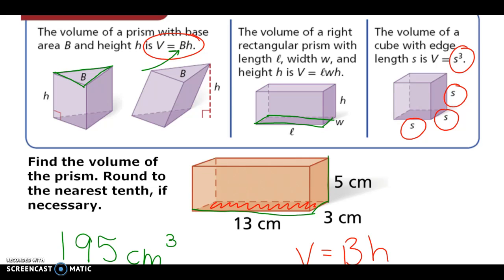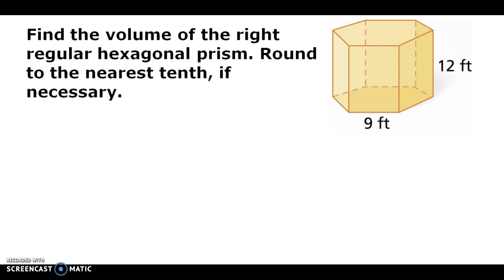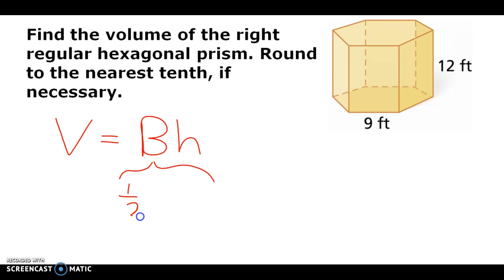Okay? Next, a hexagonal prism. So we use our volume equals base times height. What is our base going to be? What is our capital B? What shape is the base? Area of a hexagon is one half times the apothem times the perimeter. Good. So you should know that for all regular polygons, area is 1/2 a p. What does regular mean again? Equilateral.